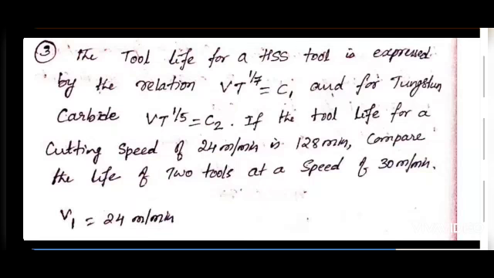The tool life for an HSS tool is expressed by the relation V t to the power of 1 by 7 is equal to C1, and for tungsten carbide V t to the power of 1 by 5 is equal to C2.